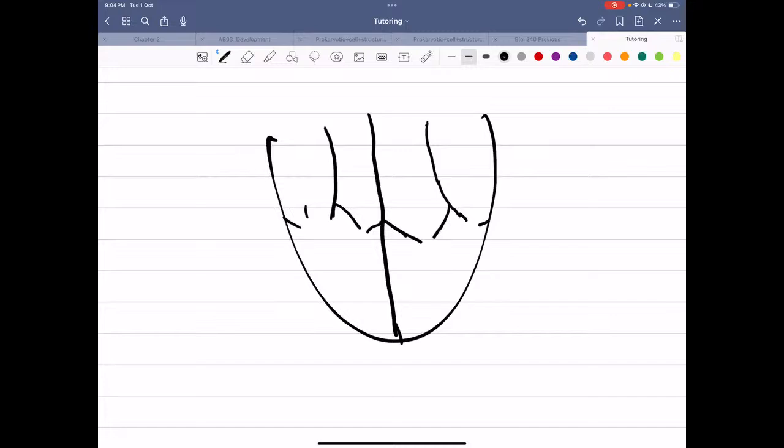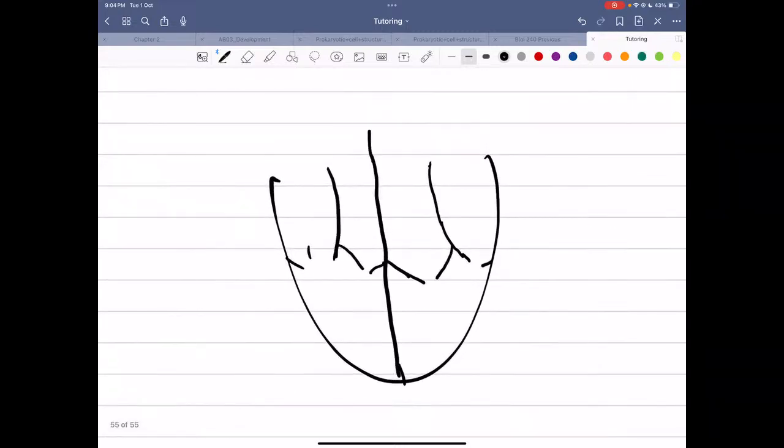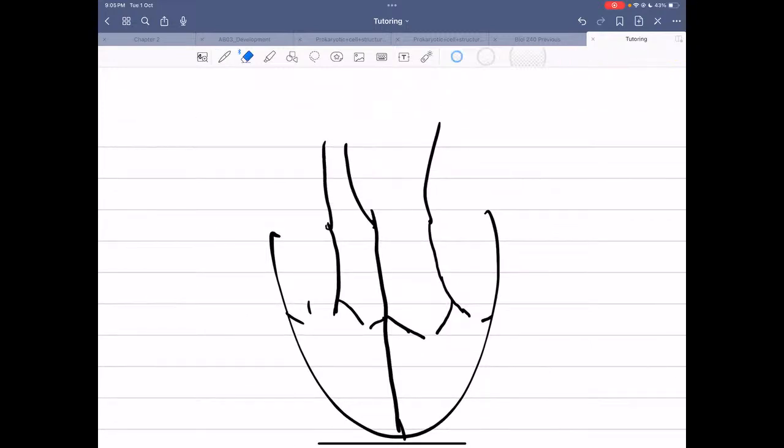Okay. So I think this is the best way in order to explain it. Let me know what you guys think, if this is better also. But I think that's the best way.